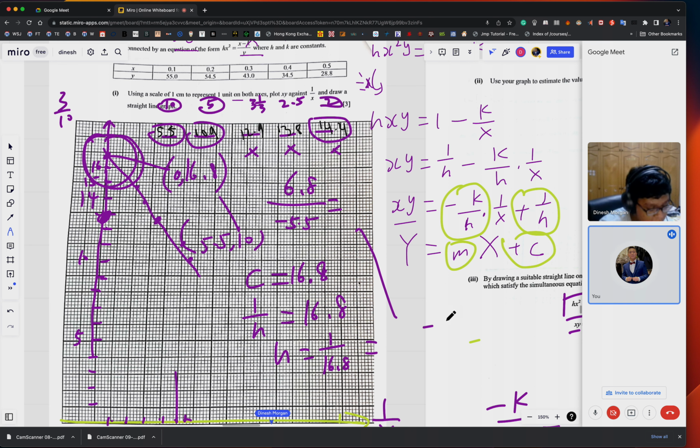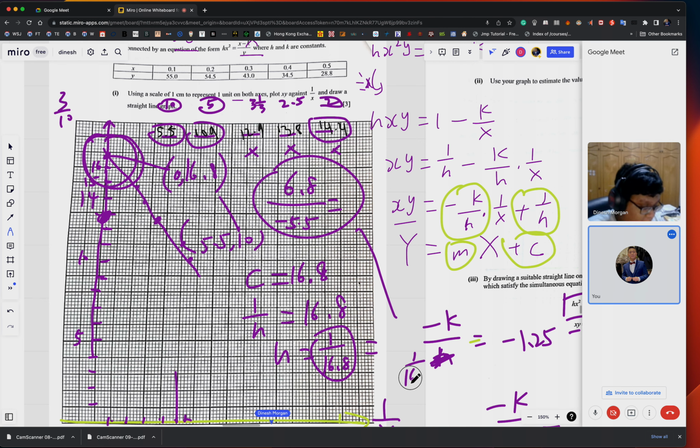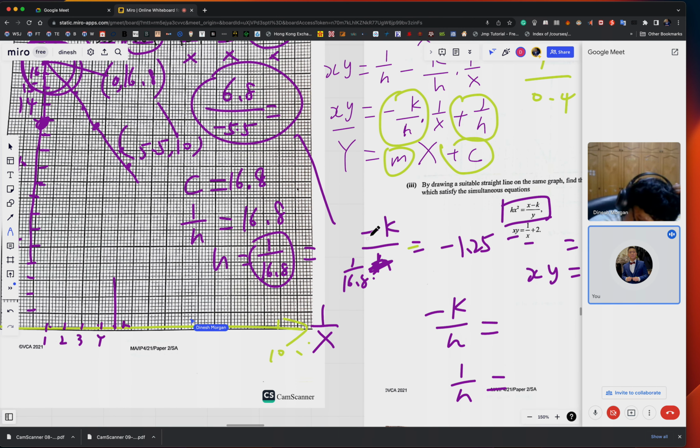So minus k over h is equal to minus 1.23. The h is 1 over 16.8, so minus cancels, and k is equal to 1.25 times 1 over 16.8. That's your k. So that's how you get your k and h.